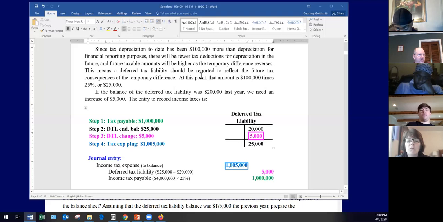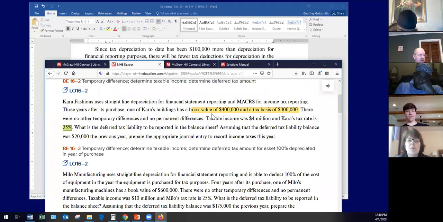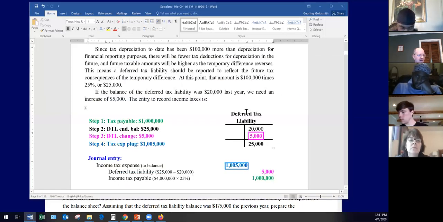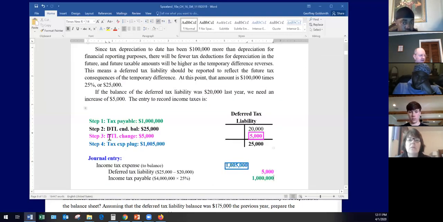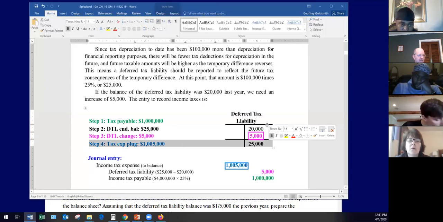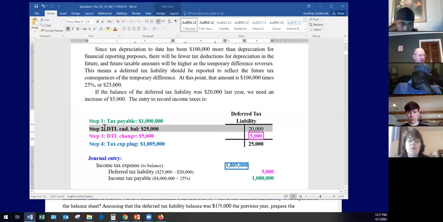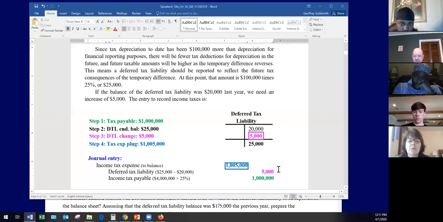So when you do this exercise, compare the book value and tax basis that they give you, which will be different, and then take that difference, multiply it by 25%, and that gives you the desired balance in the liability. Then they will give you the current balance. And so the difference is what you put into the journal entry.